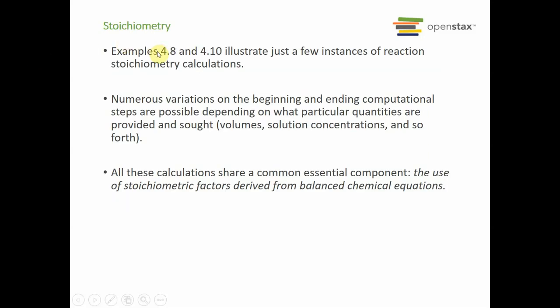So the examples we've just seen illustrate a few instances of reaction stoichiometric calculations. Numerous variations on the beginning and ending computational steps are possible depending on what particular quantities are provided: masses, volumes, solution concentrations, and so forth.